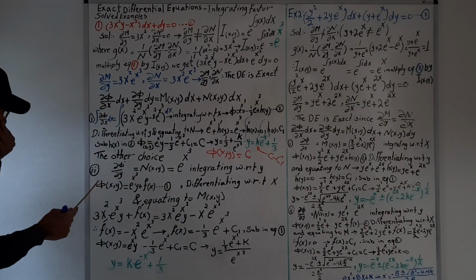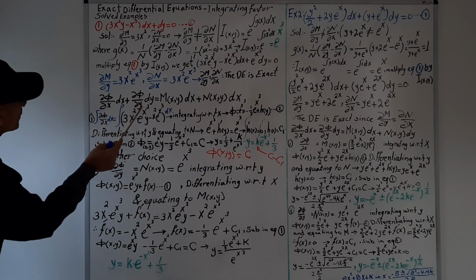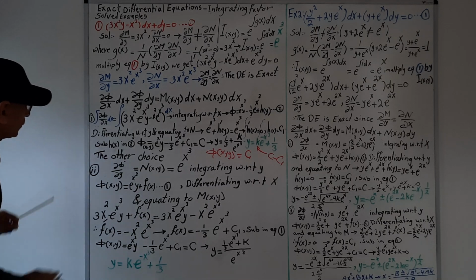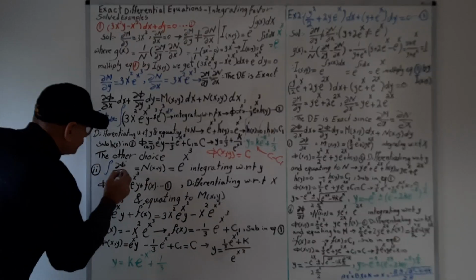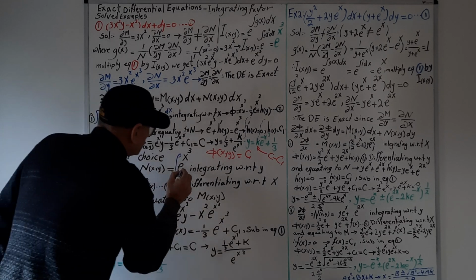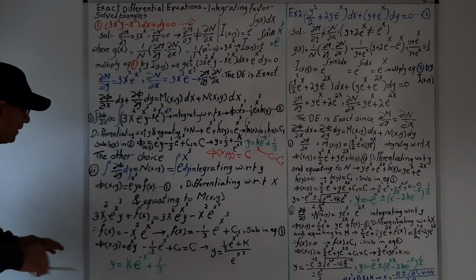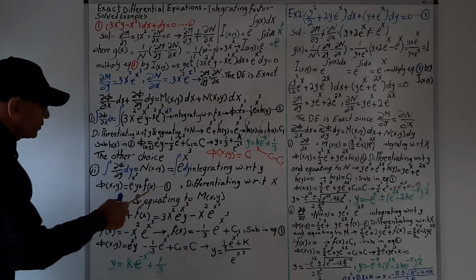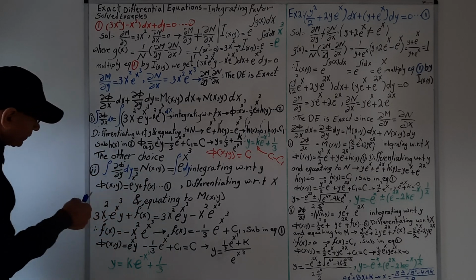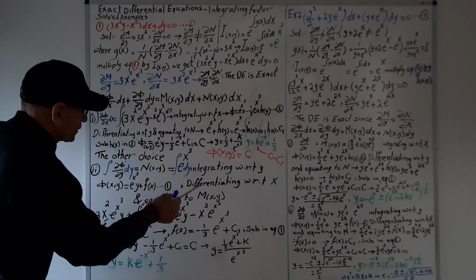So the other choice, partial of phi with respect to y equals N. Again, we integrate, this time with respect to y, and then we add a constant of integration f of x instead of c, because we are integrating with respect to y, so our constant of integration will be a function of x.